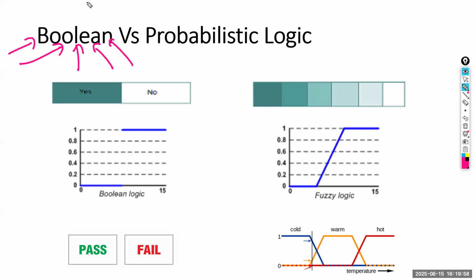Another name for Boolean logic is propositional logic. You will understand why we call it propositional logic also, but it's most popular as Boolean logic now.